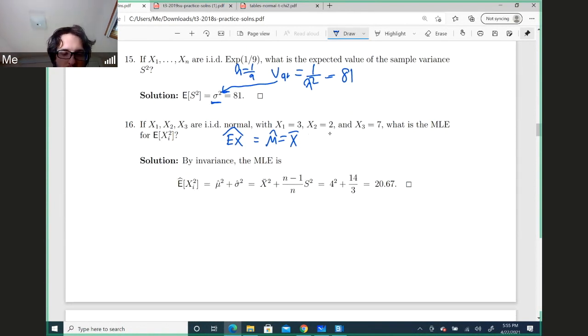And we also know that the maximum likelihood estimate for the variance of x, sigma squared hat, is equal to 1 over n times the sum of (xi minus x bar) squared.